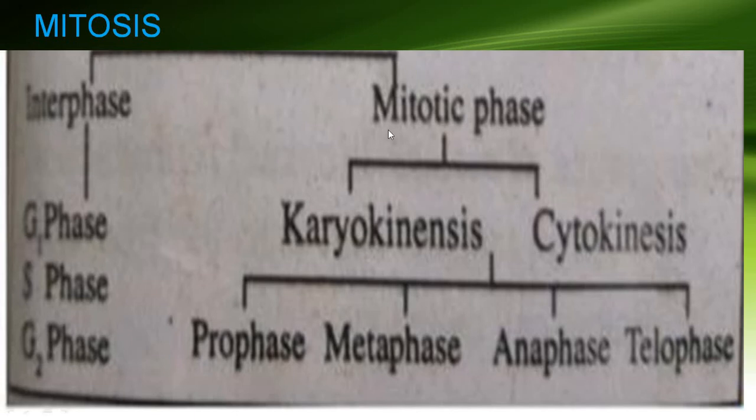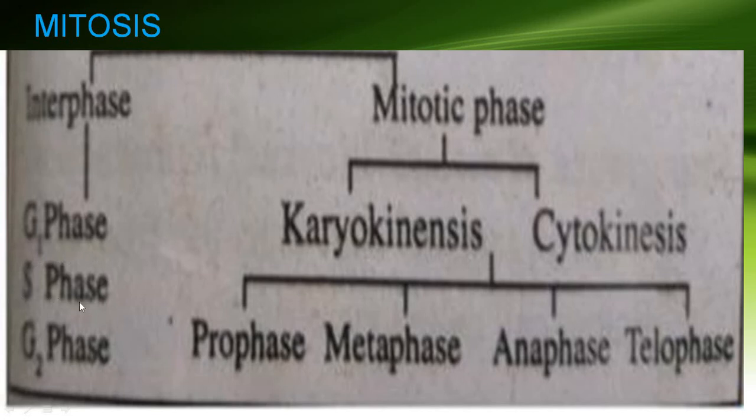Mitotic phase. In this we have interphase. Interphase is having three phases. Just now we have seen G1 phase, S phase and G2 phase. Interphase is the longest part of the cell cycle. G1 is gap 1 or the first growth phase.